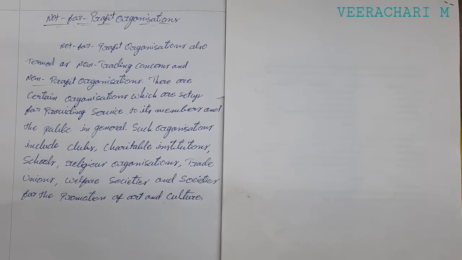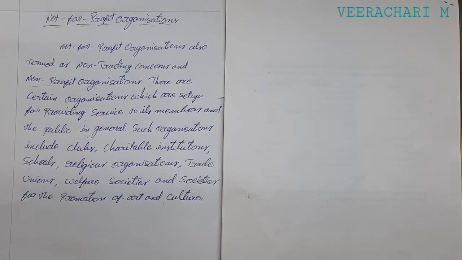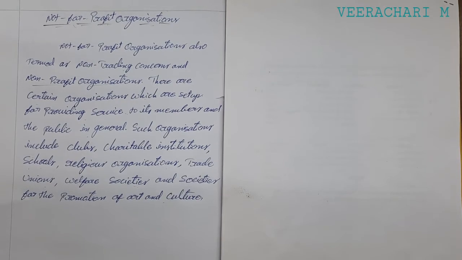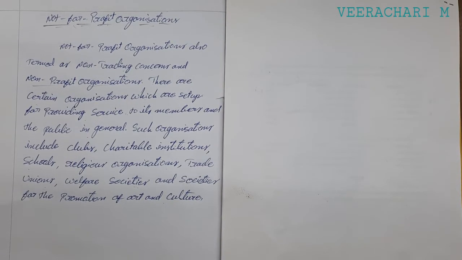As per the nature of the non-trading concern, expenses can be made out of that income. Finally, whatever the assets and liabilities are should be shown in the balance sheet.